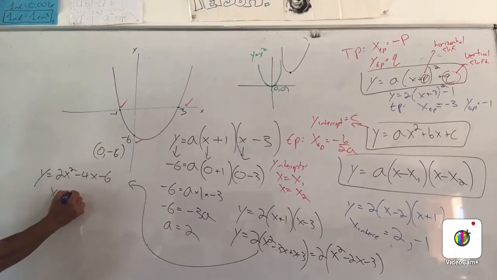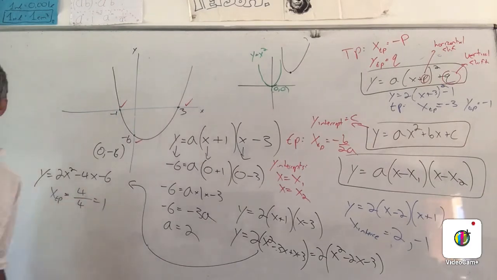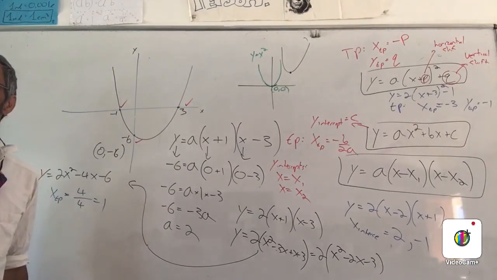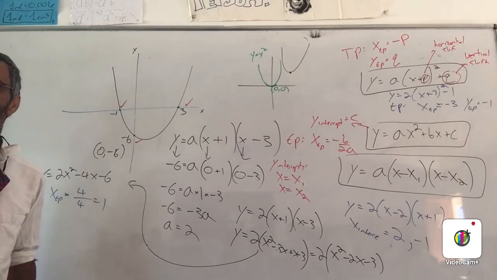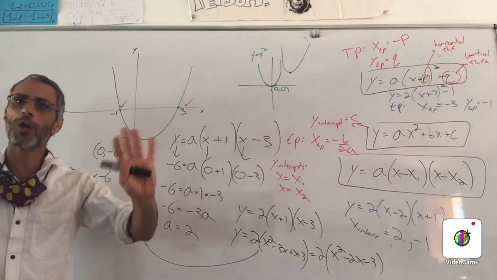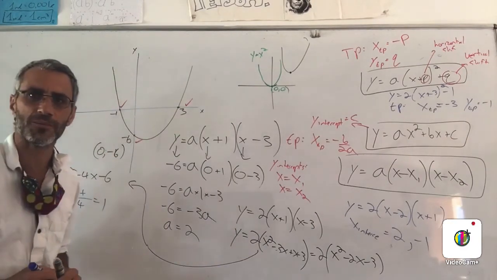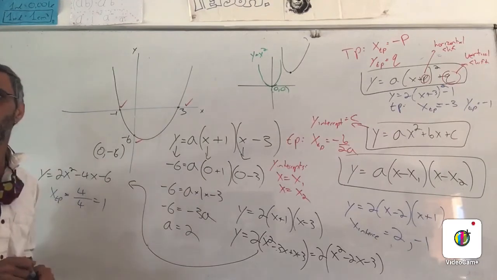Negative b is 4 divided by 2a, so it's equal to 1, right? Yeah, substitute together. But hang on. Let me just show you one more way to do it. It's just something that might help you later on. And this is only true for quadratic equations.